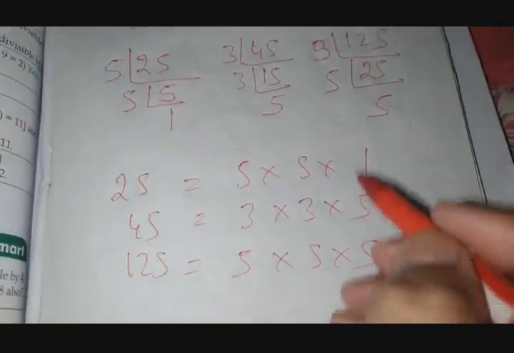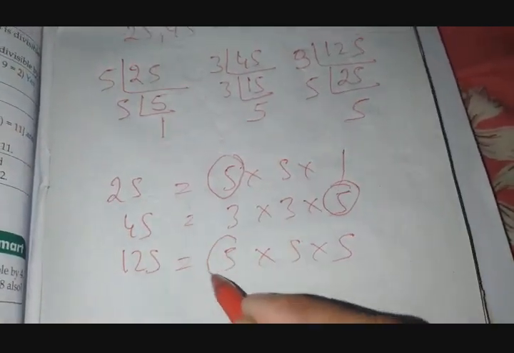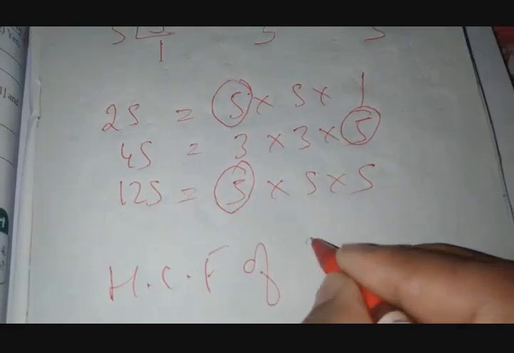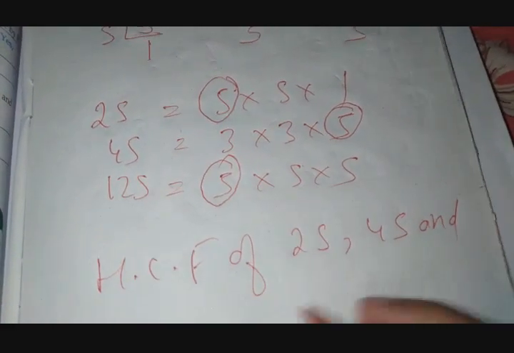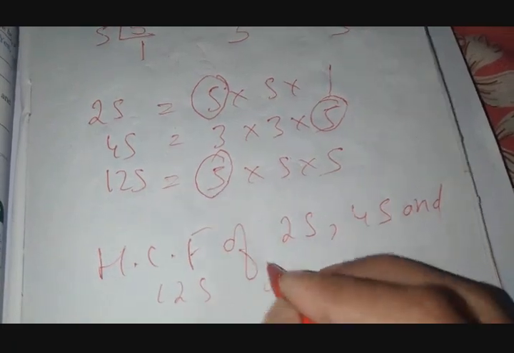Now see here, the common factor is only this 5. So we can say that the HCF of 25, 45 and 125 is 5. This is our answer.